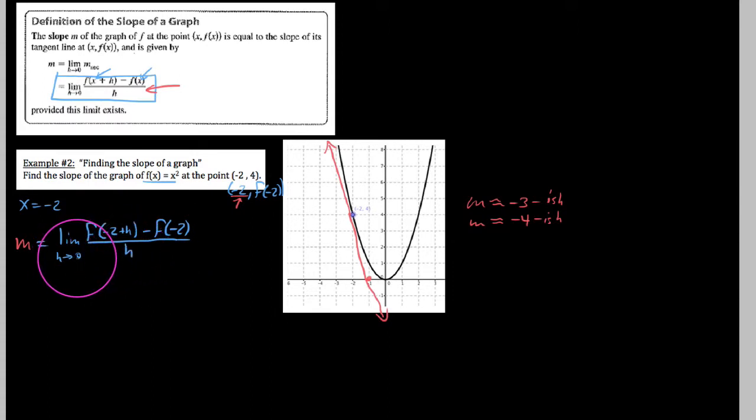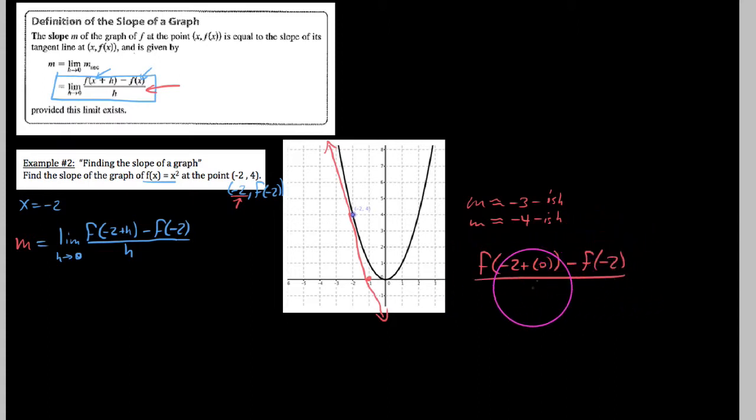Now, if we're going to evaluate this limit, one way is to make a graph, we could make a table, or we could work with it algebraically, so direct substitution possibly. What I want everybody to notice is this: if we were to directly substitute this in, I'll do this on the right over here because we're not going to get anywhere with it, but if we were to put a 0 in everywhere we see an h, we'd get f of -2 plus 0 minus f of -2 all over 0, which is f of -2 minus itself.